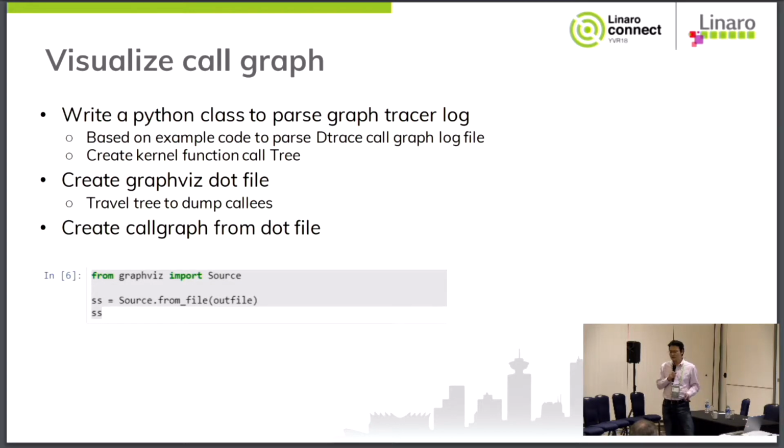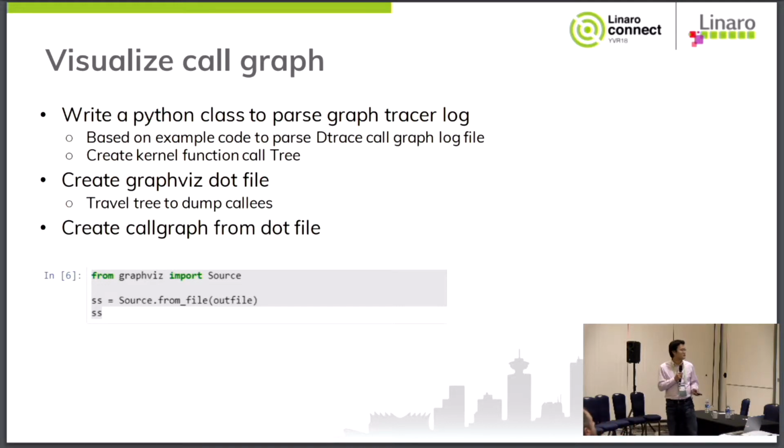I found an example on GitHub, a Python module named kernel visualization. It's based on the ftrace trace log. So I took this Python script and imported it in the Lisa notebook to parse the ftrace format.